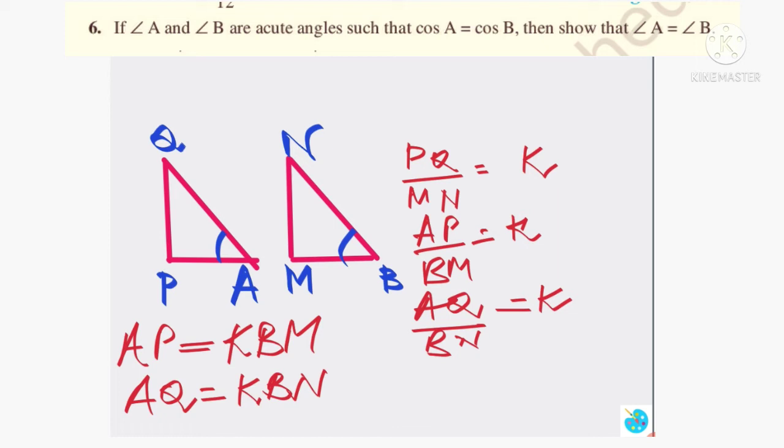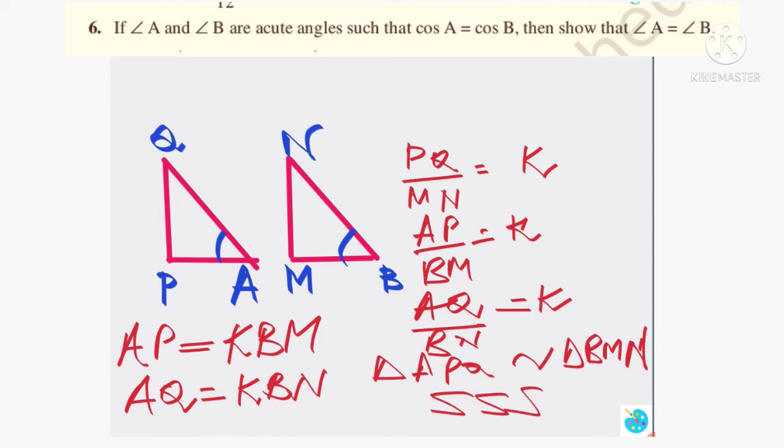Hence I may say that triangle APQ is similar to triangle BMN by the SSS rule. And hence I can say that angle A is equal to angle B by CPCT. So I hope you get this one.